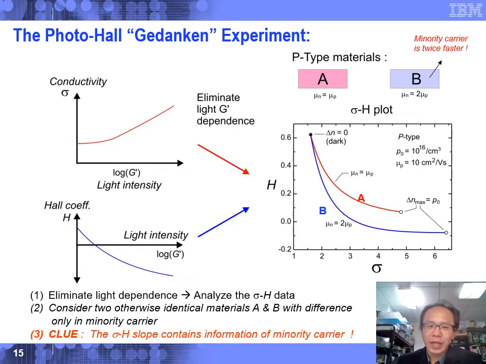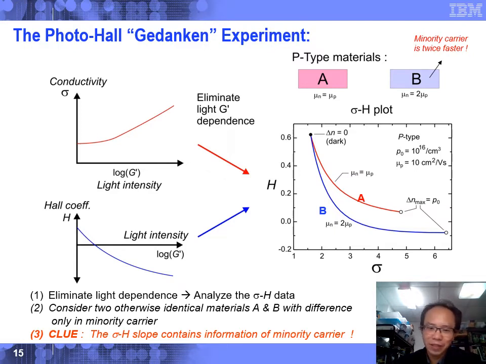What happens is that when you perform the photo Hall experiment, you measure conductivity with increasing light intensity, and Hall coefficient with increasing light intensity. The trick is that you need to plot them as an H versus sigma curve. You perform the photo Hall experiment from the dark to a maximum light intensity and keep plotting the data points. What you observe is that both materials will produce different sigma-H curves.